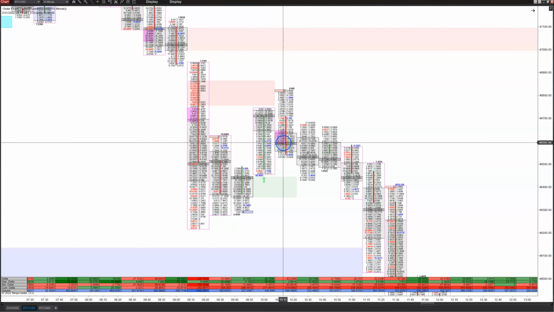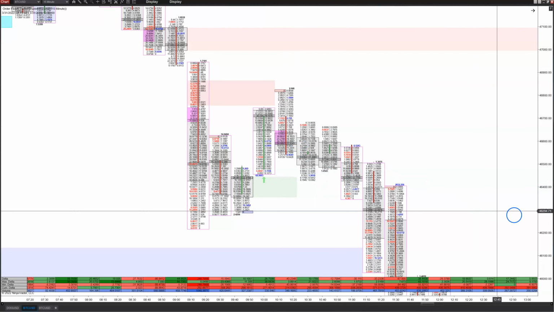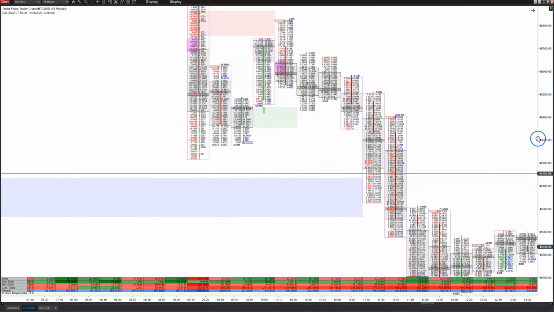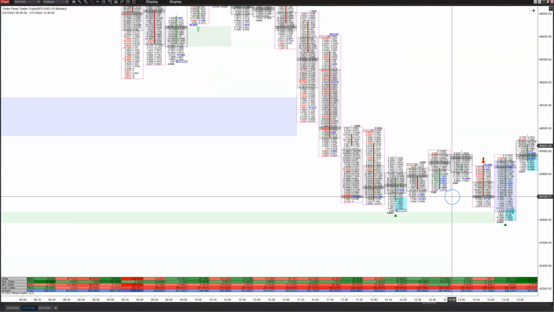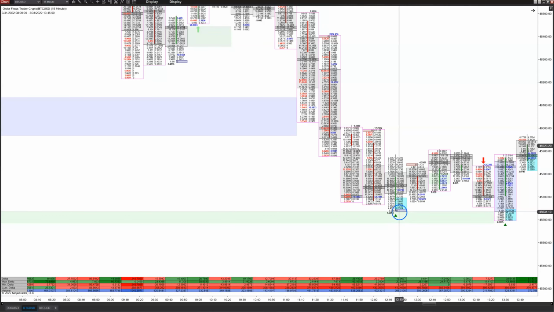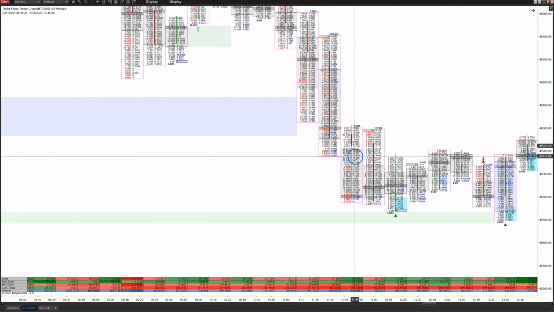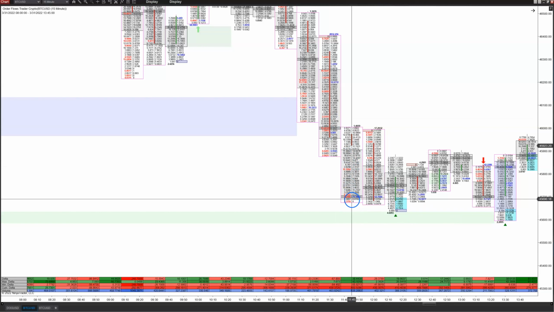I'm sorry, 46,600 to 46,620. But it couldn't hold the market up, and the market proceeded to keep dropping. And it worked its way down. It got down to the 45,600-ish area down in here on this bar. But more or less, it just kept dropping, got down here.